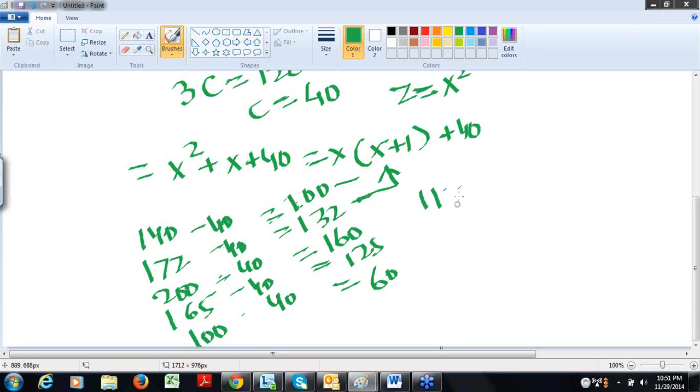So it will be 11 into 12 format. So we'll put this and x will come out to be 11.